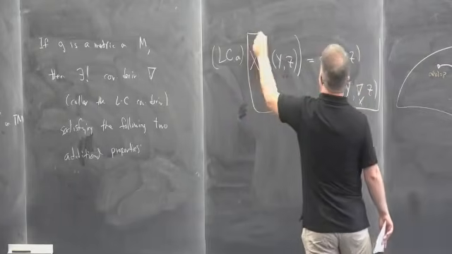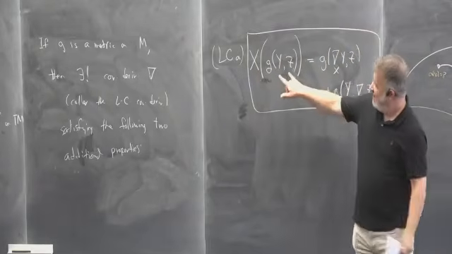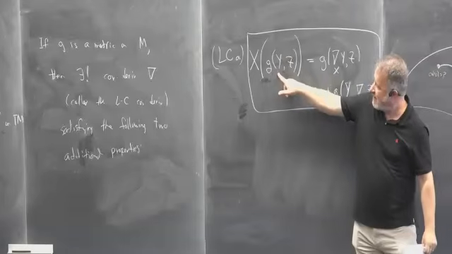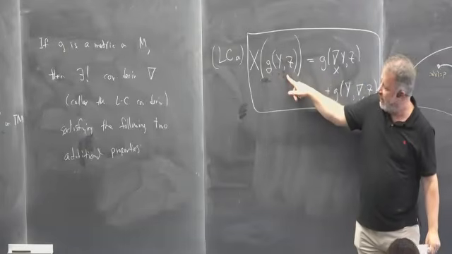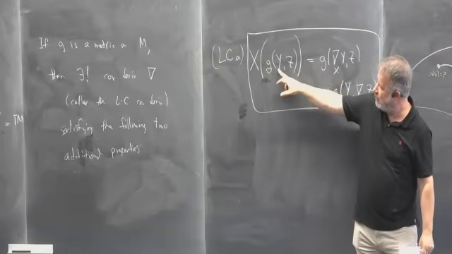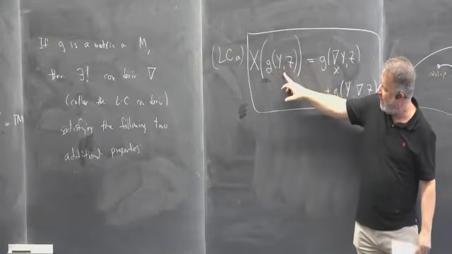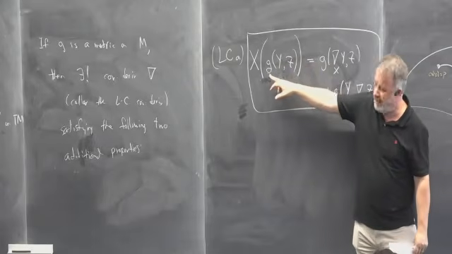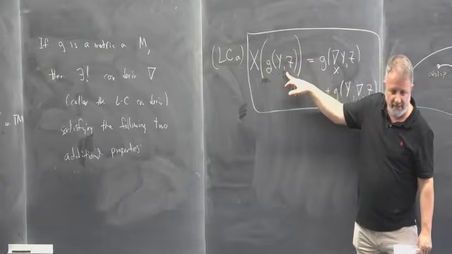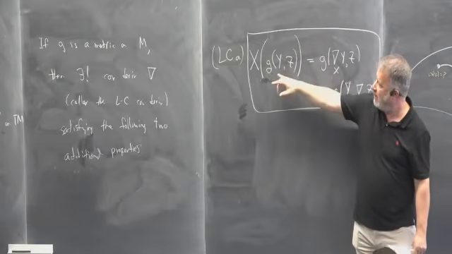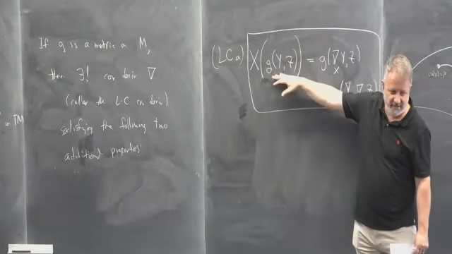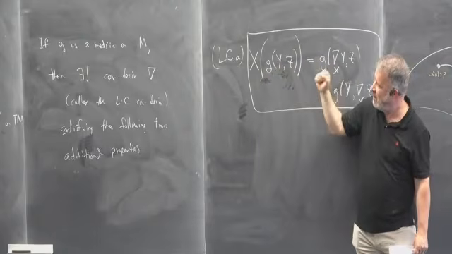So again, let's think about what this means, okay? You should think of this as some kind of product of three objects. Locally, it really is, right? If I write this in some local frame, Y^i e_i, and Z^j e_j, this will be g_ij Y^i Z^j, sum over i and j. So it's a sum of products of g's and Y's and Z's.